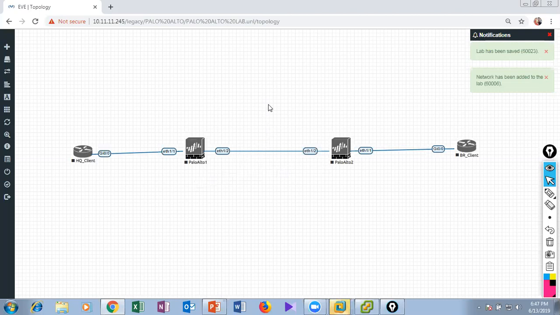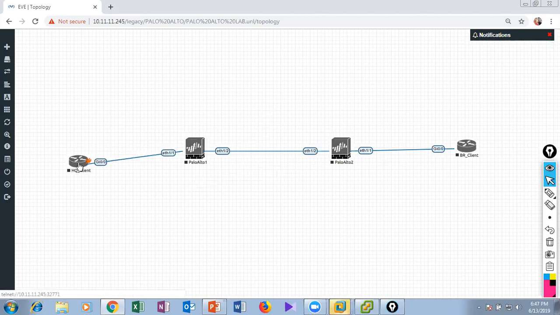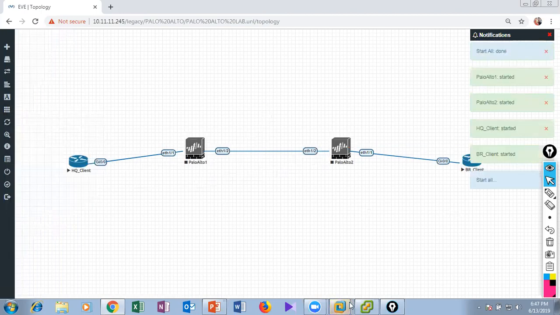So instead of adding a separate device for routing, I made a direct connection. These two are the private networks. I'll start all these devices.